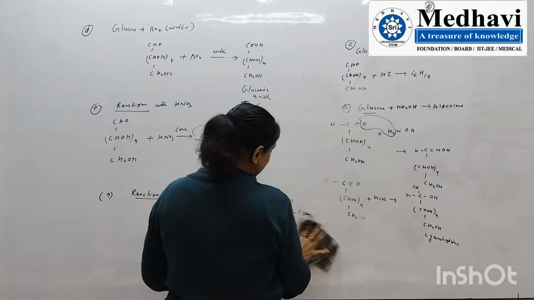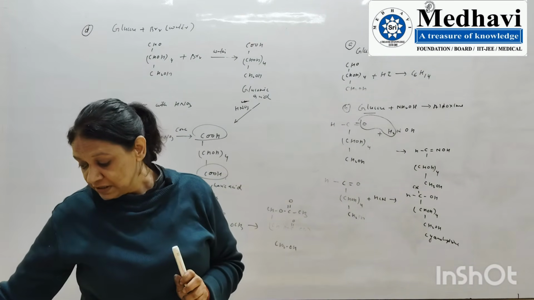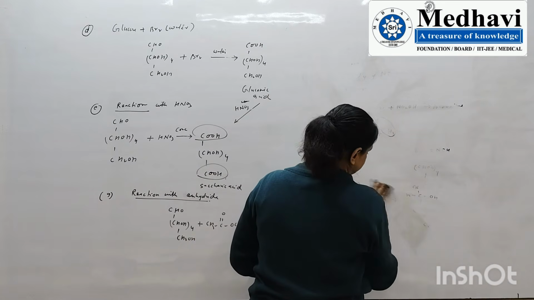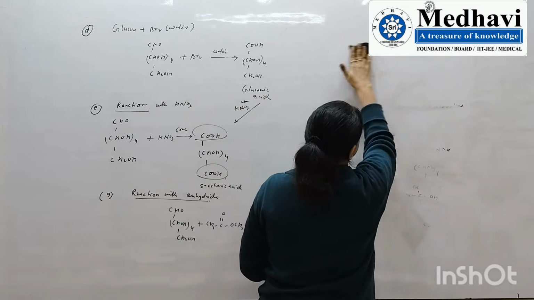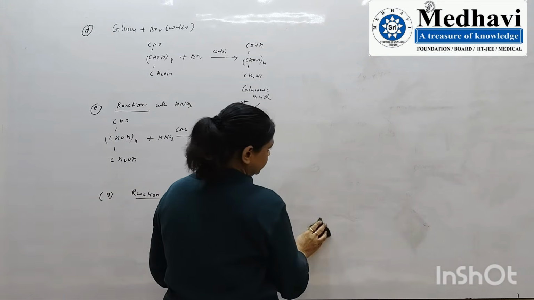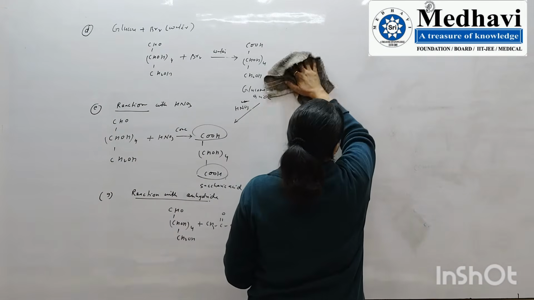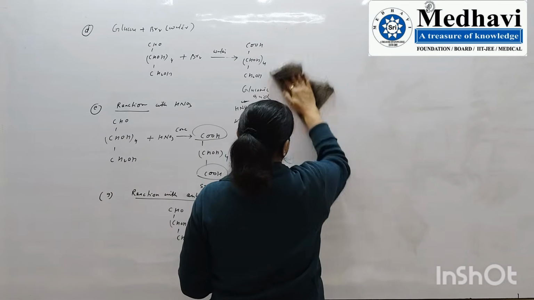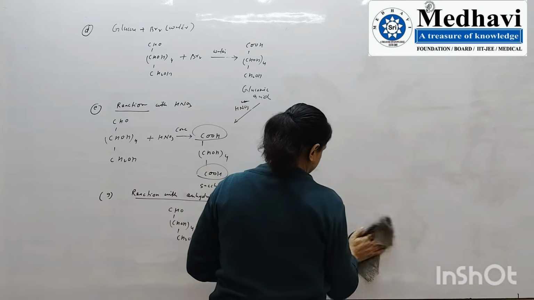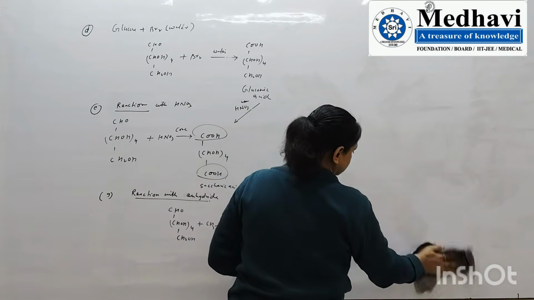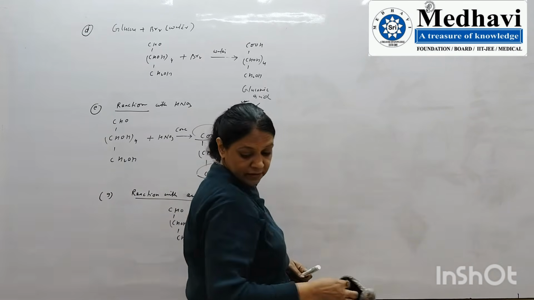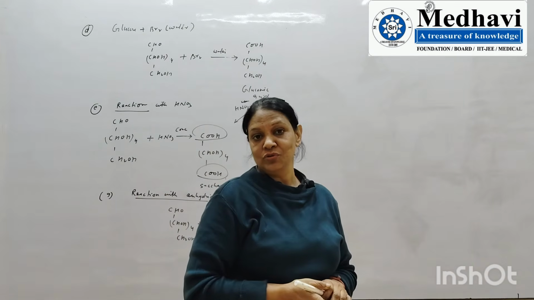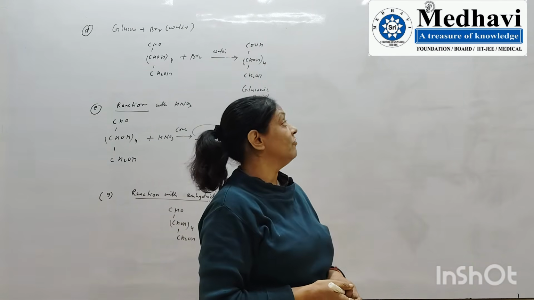After that, the next important part from this chapter is the spatial arrangement of atoms in glucose. The arrangement of H and OH groups is going to be very important.